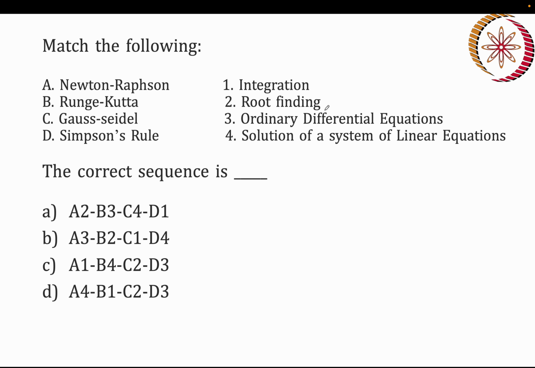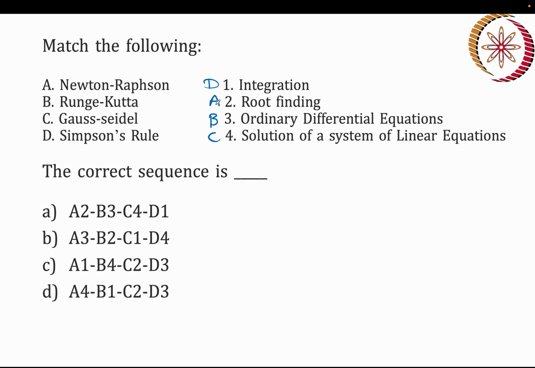Newton-Raphson method is used for computing the roots. Runge-Kutta method is used for ordinary differential equations. Gauss-Seidel is used for the solution of a system of linear equations. This is C. And Simpson's rule is used for integration.